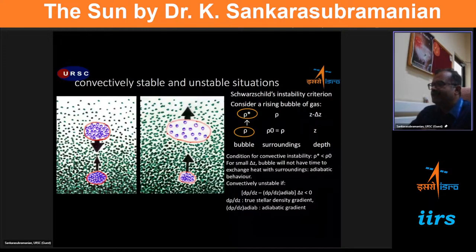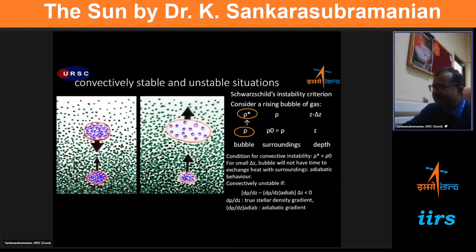Whereas on the right hand side, you see an unstable condition, where as the bubble grows, it will see the outside environment is still lighter. It will still keep on growing, and that is how the gas present in the interior will start to transfer its energy to the outside surfaces.